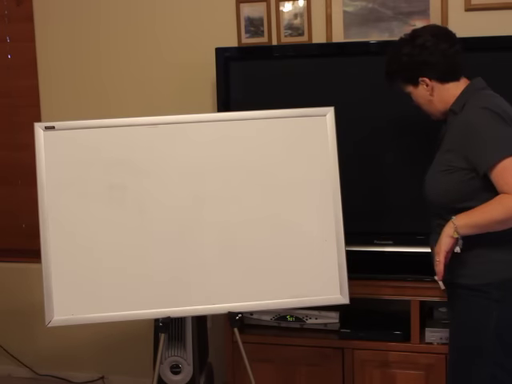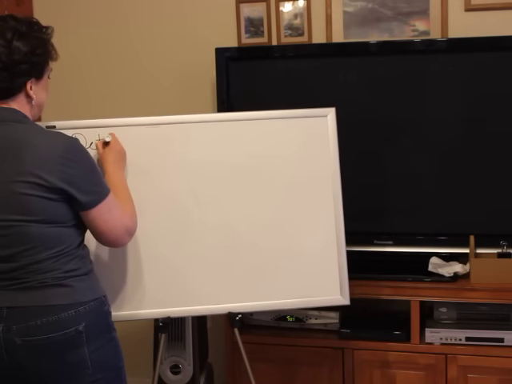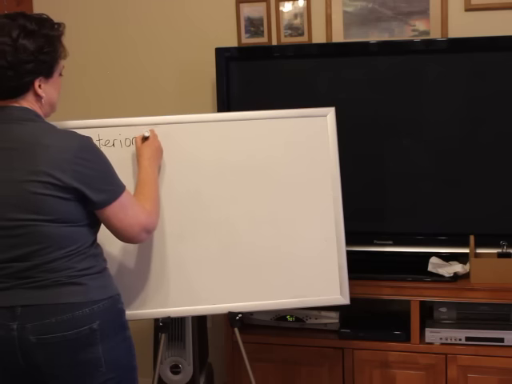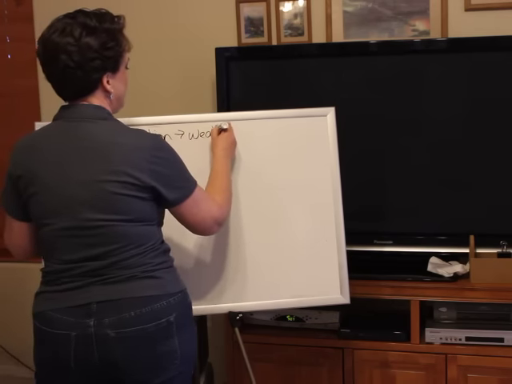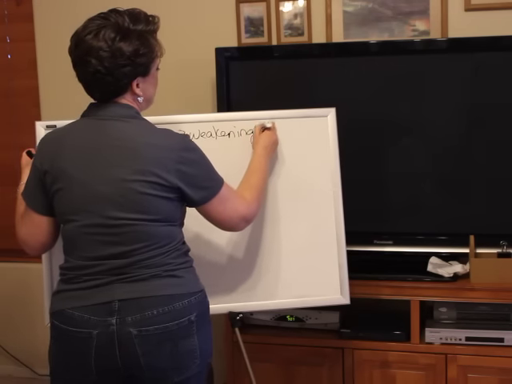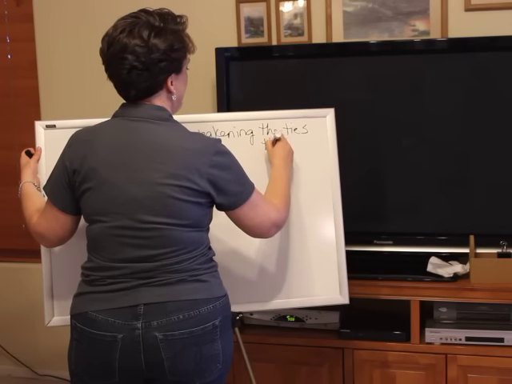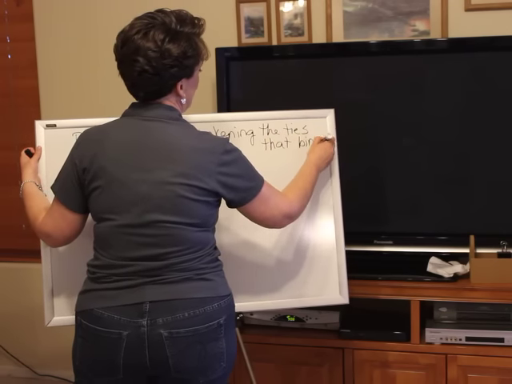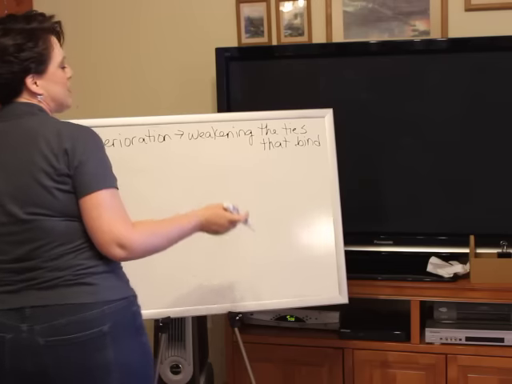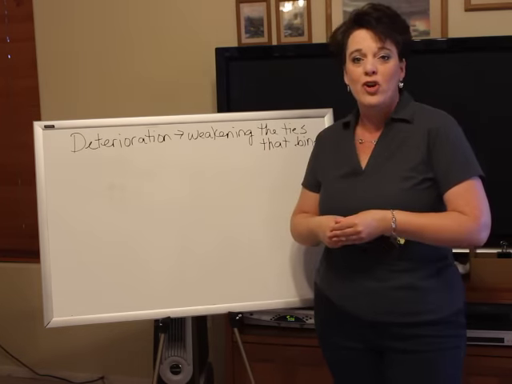So deterioration, what it is. Deterioration is a weakening of the ties that bind. Whoa. Okay. So first of all, what is it that is tying you together?